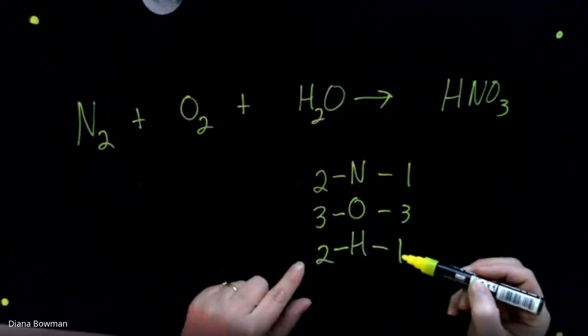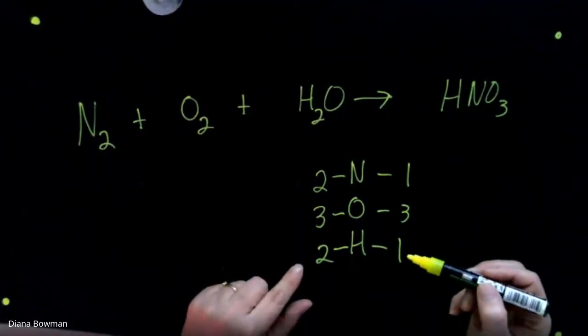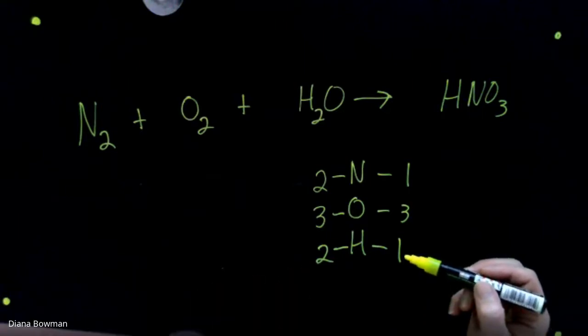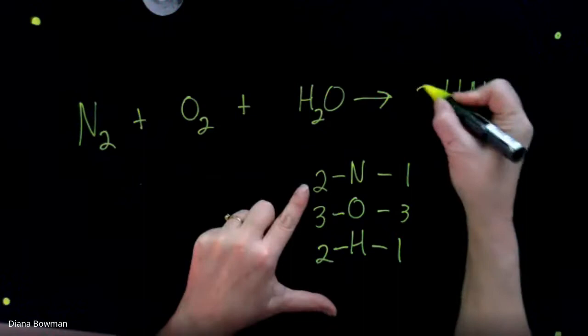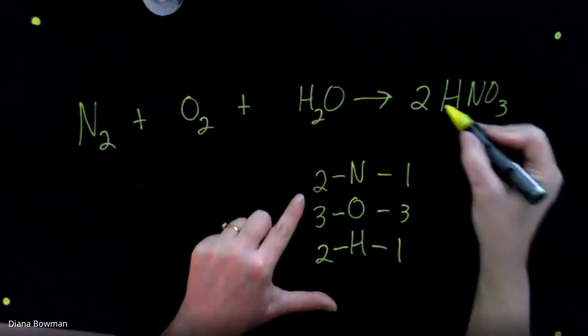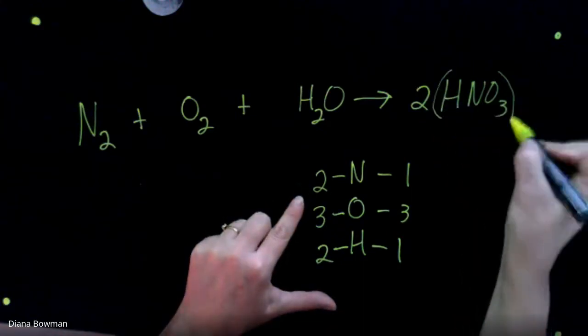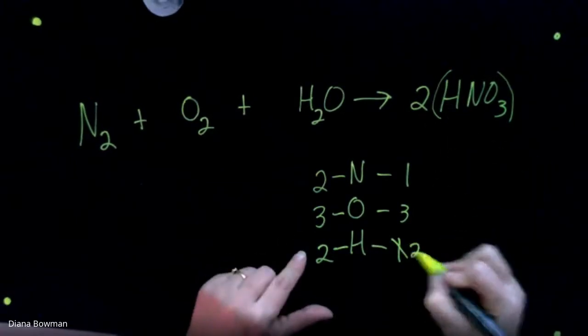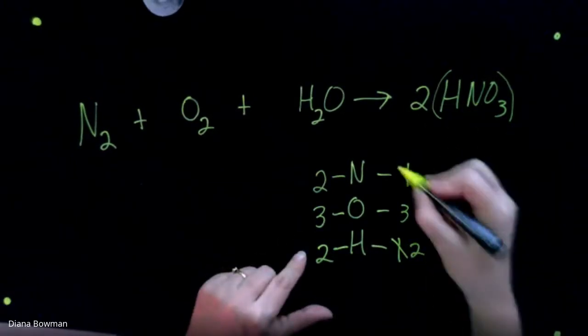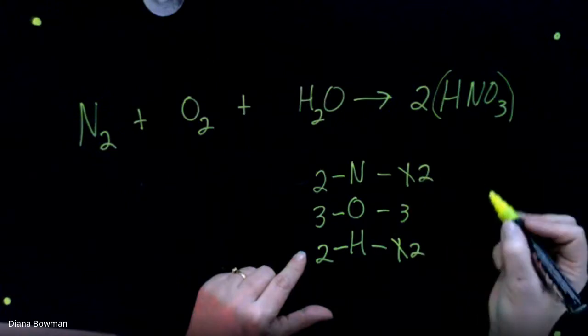I think I'll go ahead and balance my nitrogens first. So if I put a 2 here for nitrogen, that's going to be 2 times this whole quantity, right? So that's going to give me 2 hydrogens. So I'll mark out the 2. And I'm going to mark out 2, and that gives me 2 nitrogens.